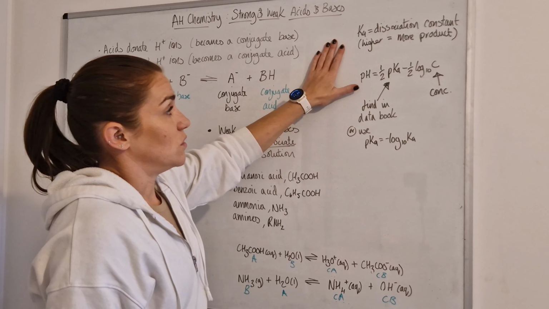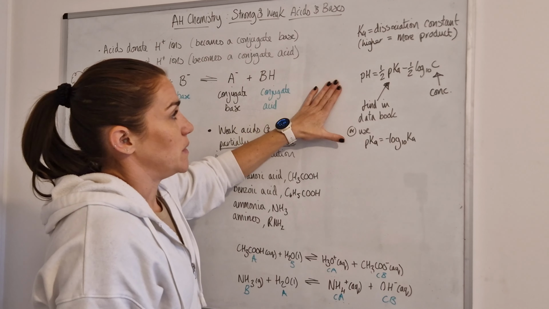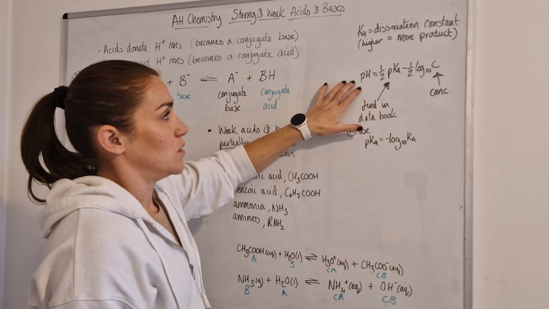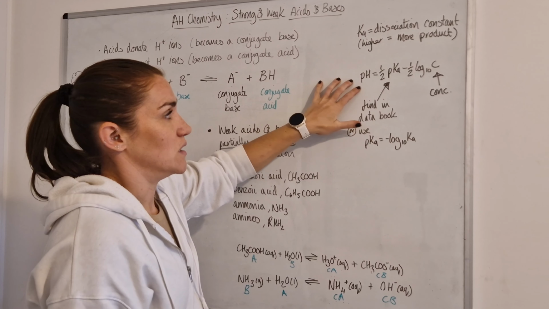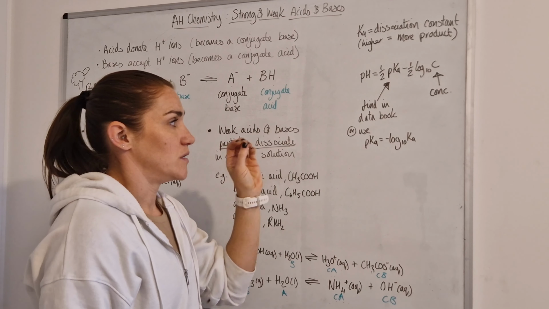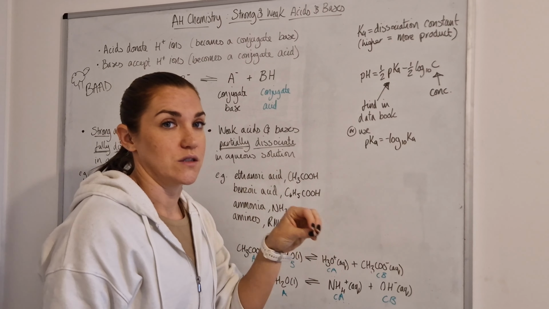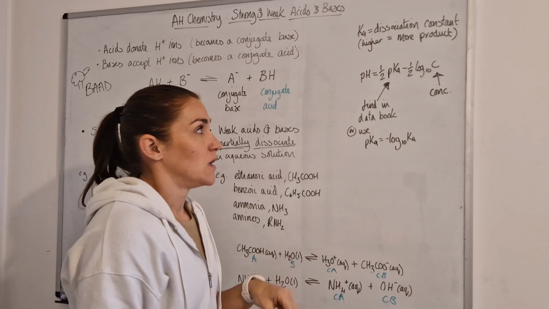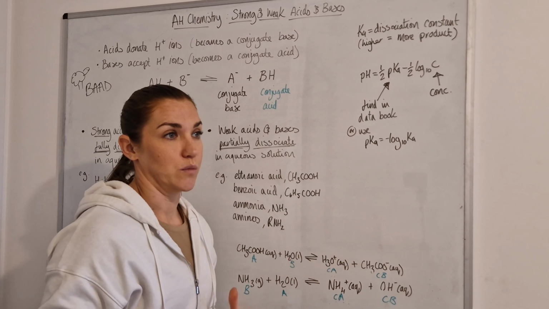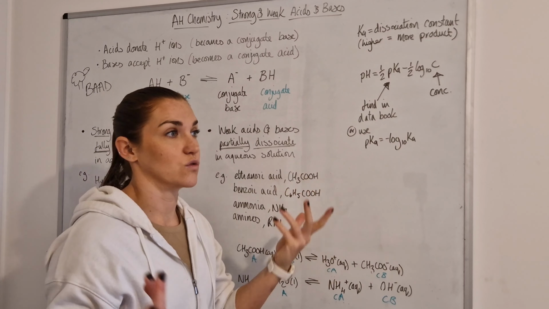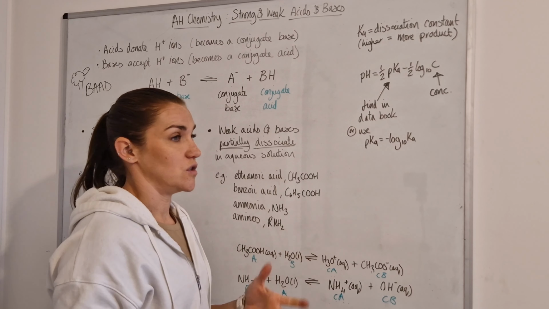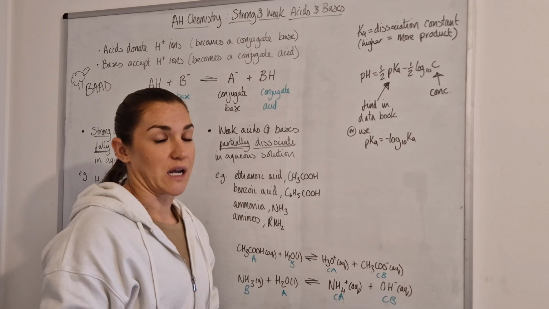If you're asked to calculate the pH of a weak acid, then you need to use this pH equation here, which you'll find in the data booklet. And like I said before, this means you need to know which acids and bases are strong or weak, because you'll just be asked in the question, calculate the pH of a 0.1 mole sodium hydroxide solution or something like that, or calculate the pH of a 0.1 mole per litre ethanoic acid solution.